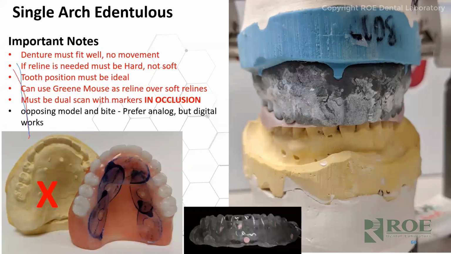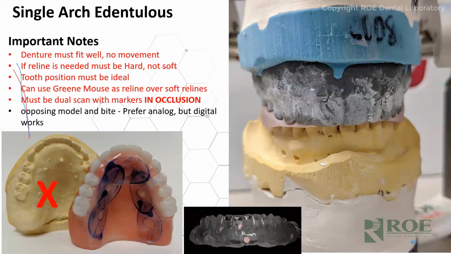If a patient has a denture with some flared teeth or teeth that are just not ideal, at least we know where they are. We can plan for future teeth given the current tooth situation. So tooth position should be ideal, but not mandatory. And then I'll show a slide in a minute about how you can use green mousse or blue mousse if the denture does have a soft reline already in it.